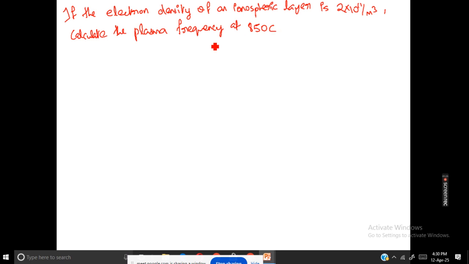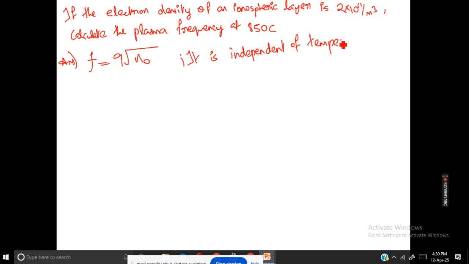So we know the equation for the plasma frequency is given by 9 into root of n0. It is independent of the temperature, so we don't need the value 850 degrees Celsius. Frequency is given by 9 into root of 2 into 10 raised to 11.